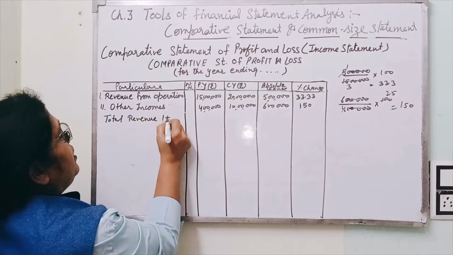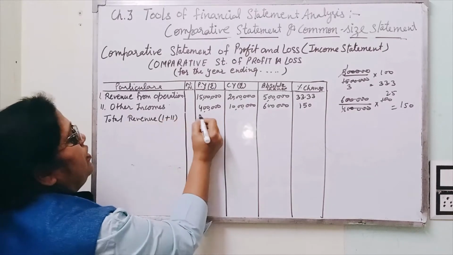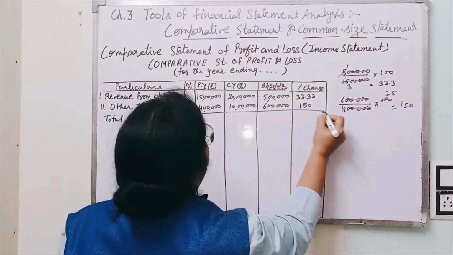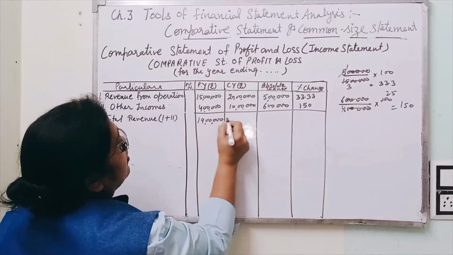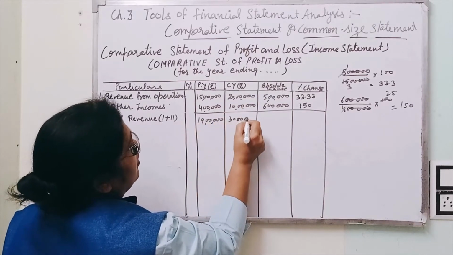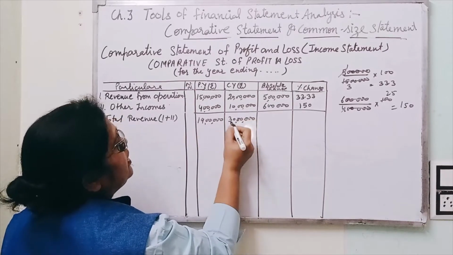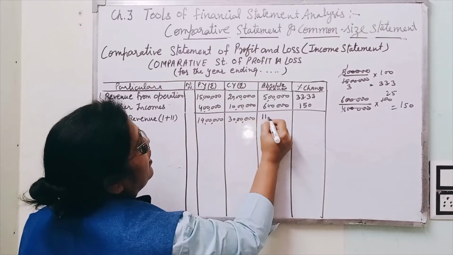Next we have to calculate total revenue. Total revenue is 1 plus 2. It comes to 19 lakh, 30 lakh, and the difference is 30 minus 19, 11 lakh.